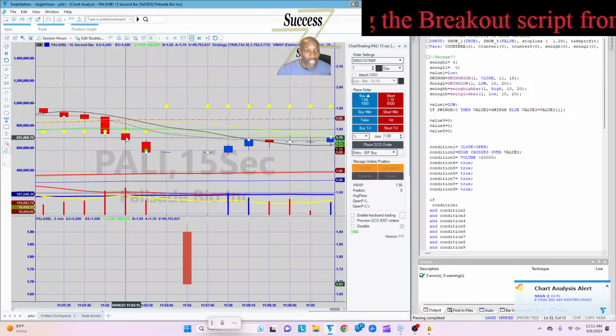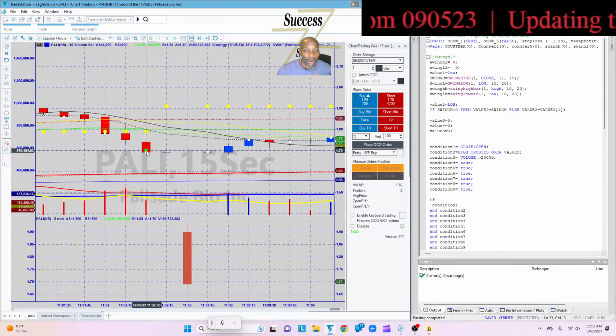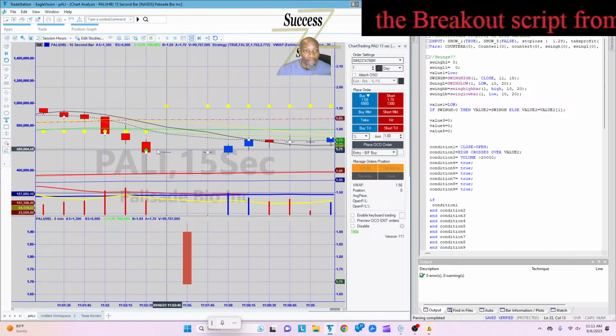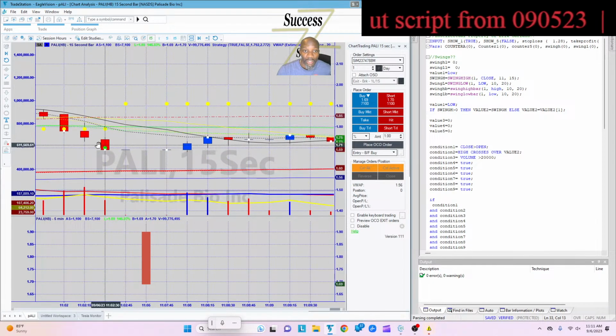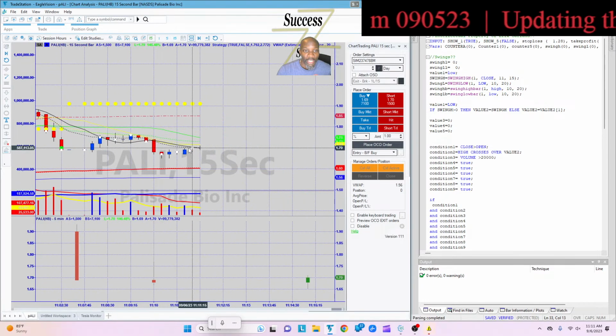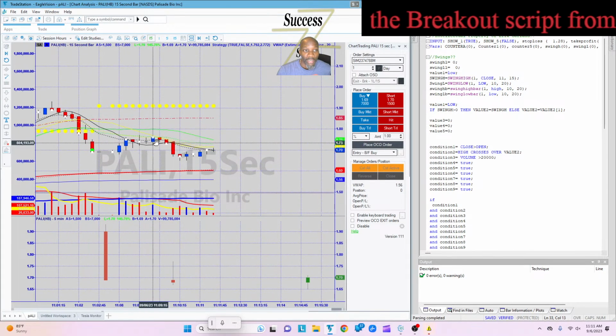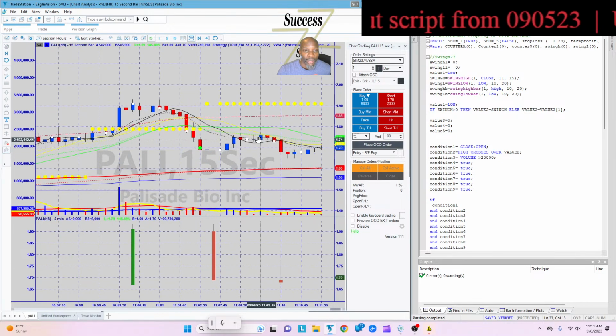So I think it's indicating on that next bar that it's a potential entry because it crossed over, but it didn't stay over. So it looks like the strategy did not enter on that one, which is good, because it would have been a bad one to do.